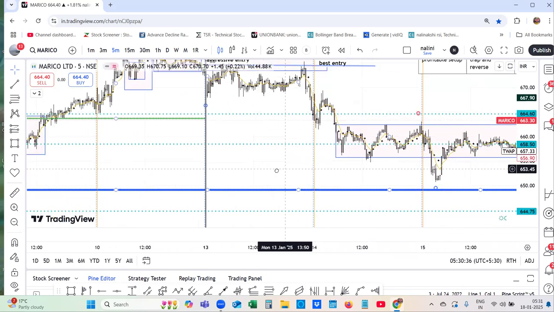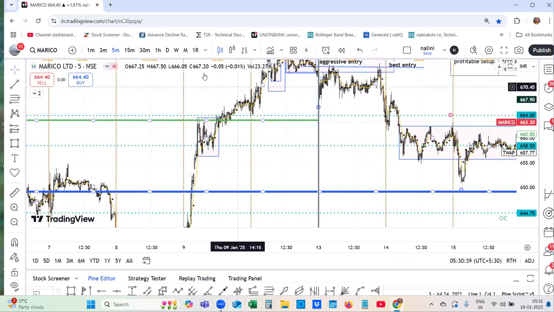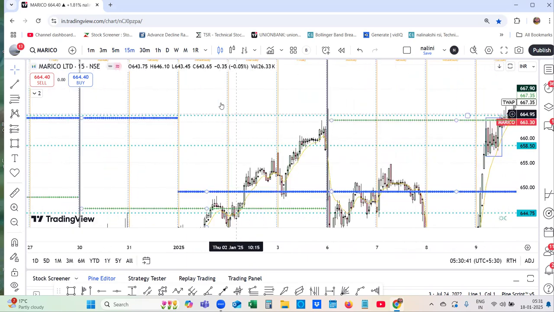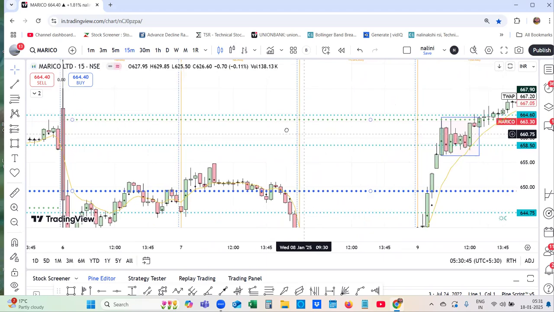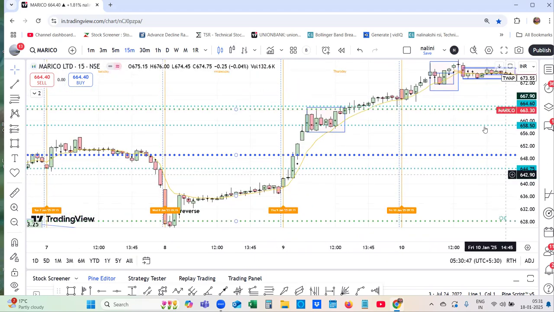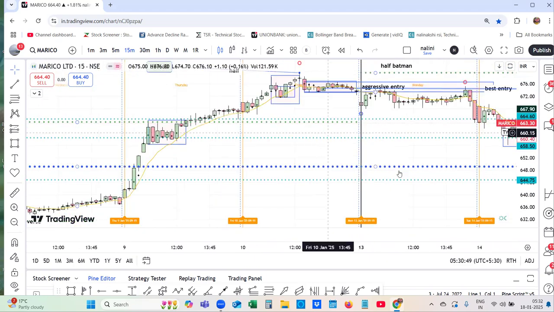You can see for yourself the same thing. Let me change it to the 15 minutes time frame. Let me reset the chart.